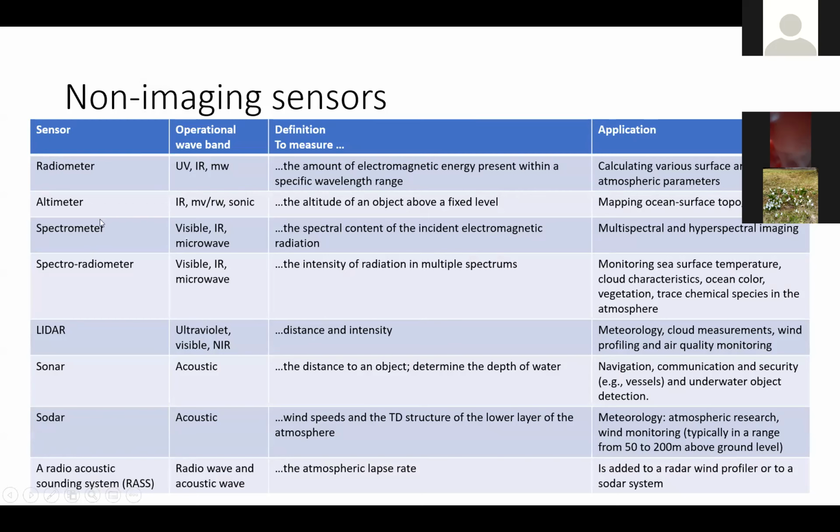On the left column is the sensor name, then the operational waveband, and then a definition of what they are used for. The most popular and most commonly used are radiometers, altimeters, and spectrometers. LiDARs are also very popular because they often give additional information to the information from the other instruments, and the application of those sensors is quite wide.